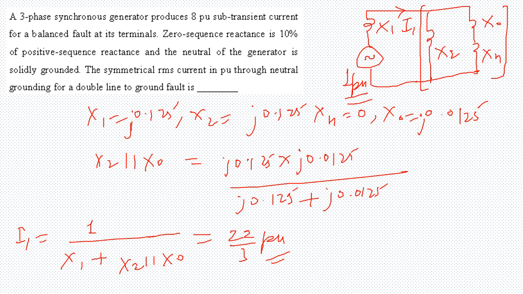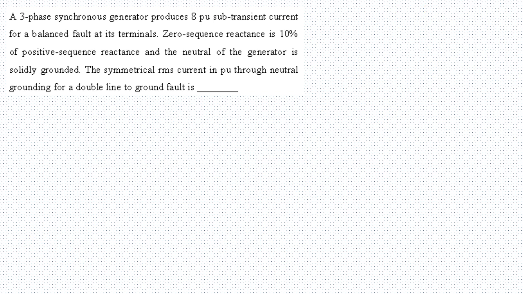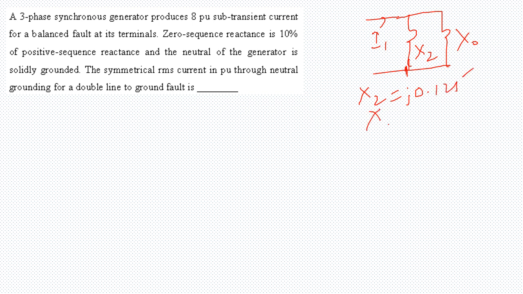So this is the current I1 that you will get. Now we can apply the current division rule, because this is the current I1 and we have two branches here, as shown in the previous slide: X0 and X2. X2 is already known to us, which is j 0.125, and X0 is j 0.0125. I1 is 22 by 3 per unit.